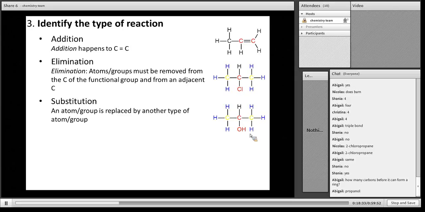Okay, Abigail, how many carbons before it can form a ring? You can get a ring formed using just 3 carbons, but they're quite explosive, because you can imagine the strain that those carbons are under. Because remember, each carbon will want to form 4 bonds, so 4 areas of negative charge. Thinking of your 2.4 standard we did, bond angles will be 109 degrees.